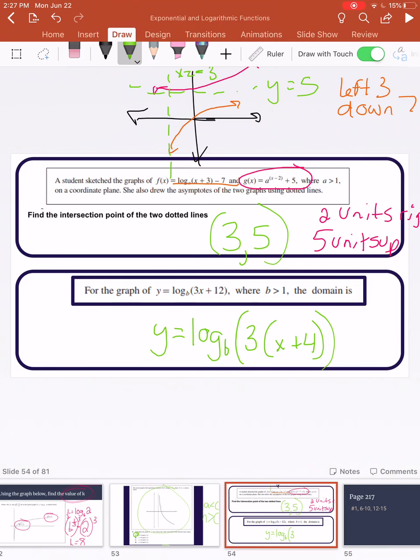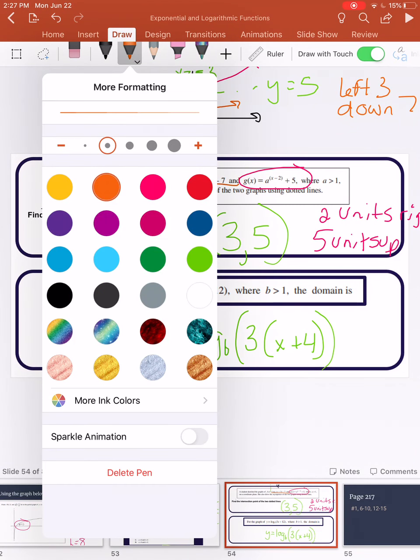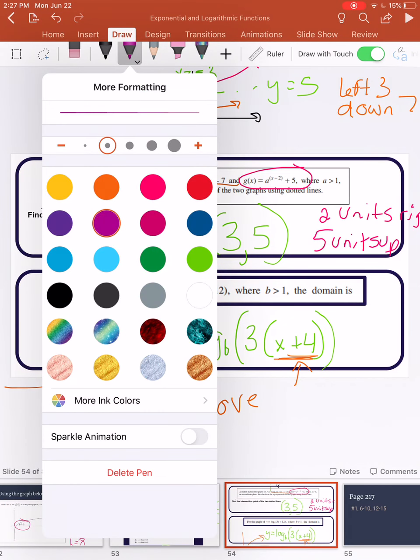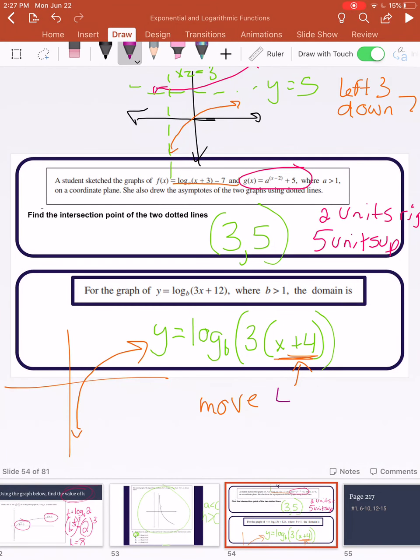Now that it's in factored form, it's easy to spot, and I know that this x plus 4 means we're going to move the vertical asymptote. So this is usually what my log graph would look like. But I'm moving 4 units to the left, right? So now my graph's going to look like this.